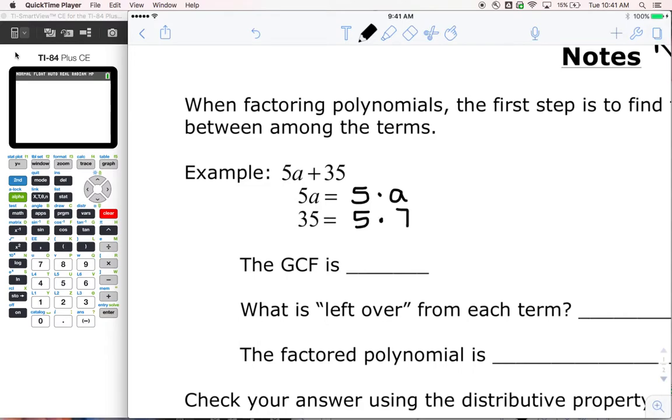So 5 is a factor of 35 and 7 is a factor of 35. So the greatest common factor, the biggest factor they have in common, is 5. They both are being multiplied by 5. They have it in common.